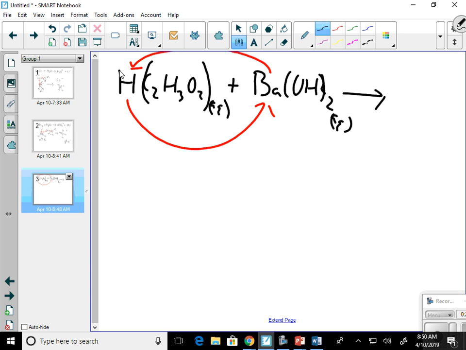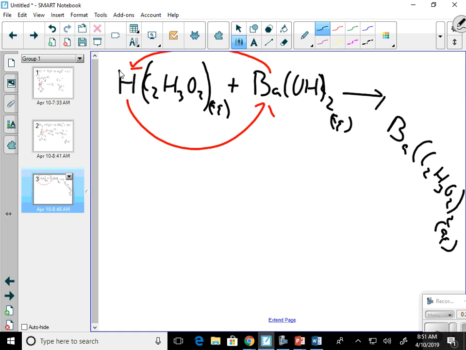And what I mean by that is barium is a +2 charge, acetate is a -1 charge. So my formula for barium acetate would be Ba(C2H3O2)2. And I mean, you can look on your solubility table to see, is it going to be a solid or aqueous? I believe this is going to be aqueous.